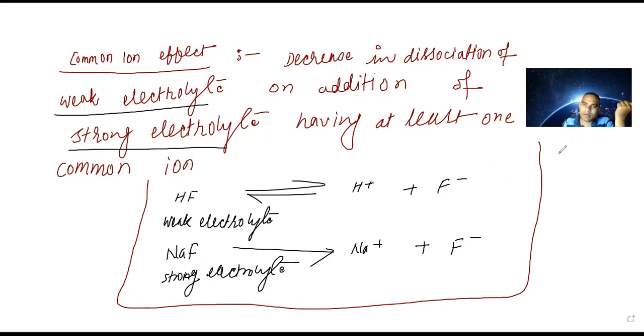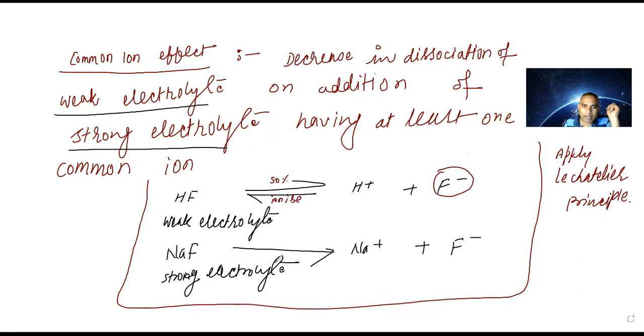Okay, so what we are going to do is apply the Le-Chatelier principle. Generally it is applied for a reversible process, but here in the system you will find the concentration of F minus. Suppose HF is 50% ionized, and NaF is 100% ionized because it is a strong electrolyte.